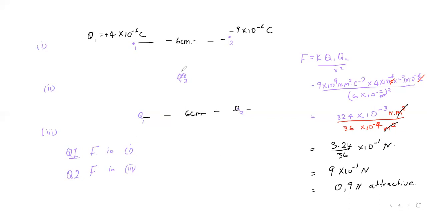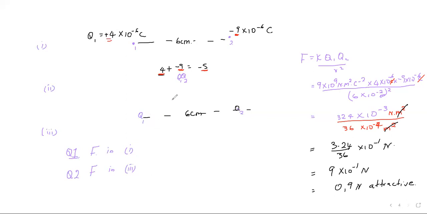Now, in scenario 2, they are brought into contact. Now, what's going to happen? It's going to be 4 plus minus 9. The answer is going to be negative 5. This is the positive 4 here, plus the negative 9 there gives you negative 5.